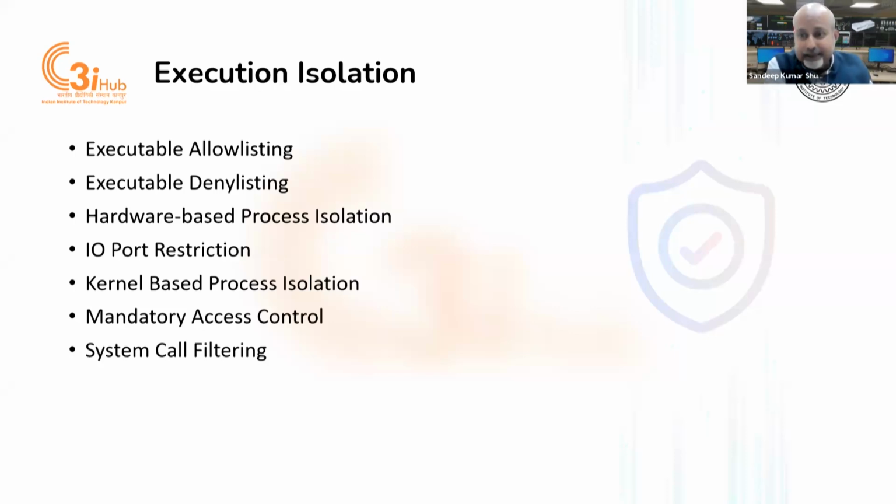Deny listing is blacklisting, basically. Blacklisting means you say, okay, these executables are not allowed to execute on this platform. That's harder to do, because people can always change the way a particular executable is recognized by the system.